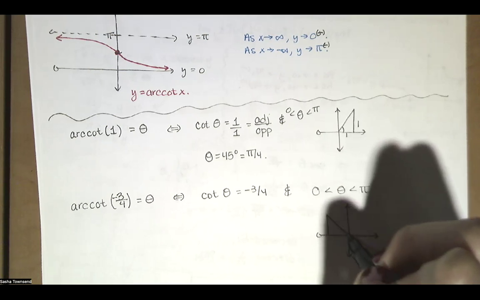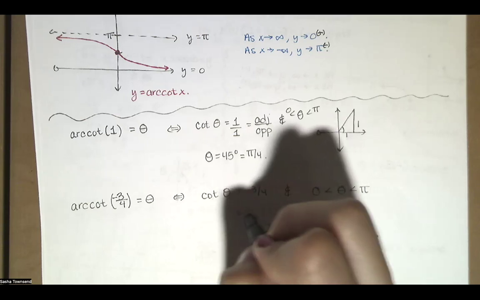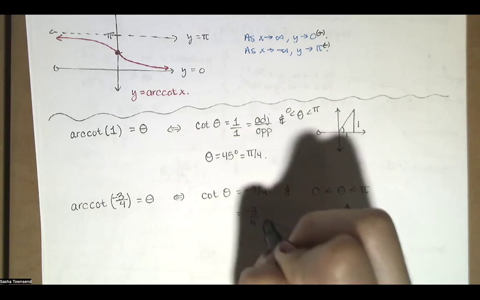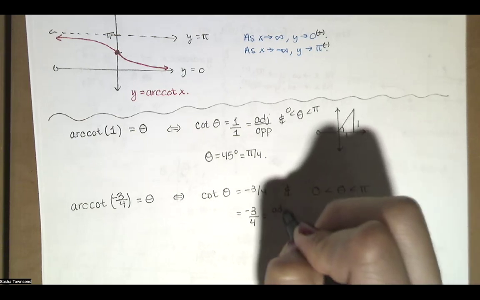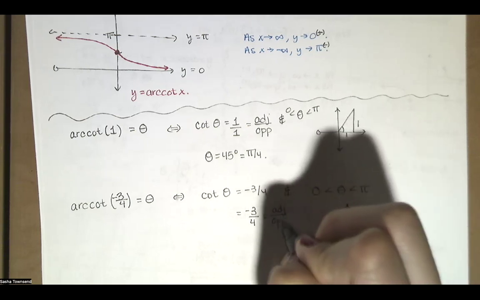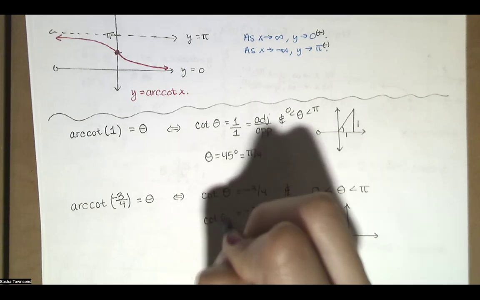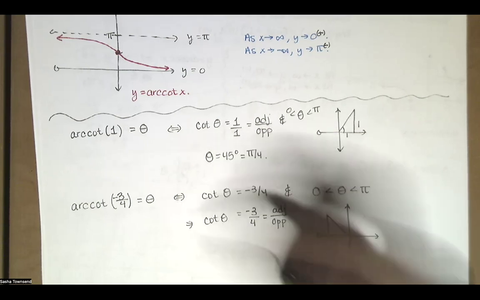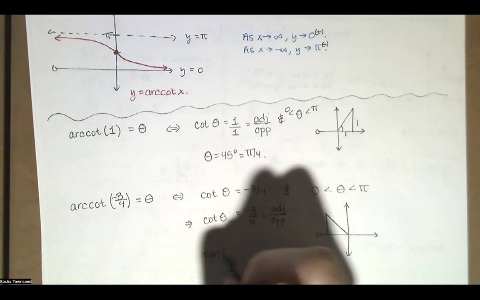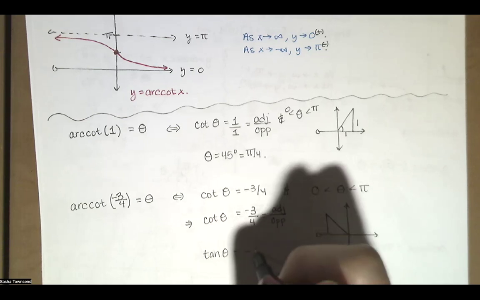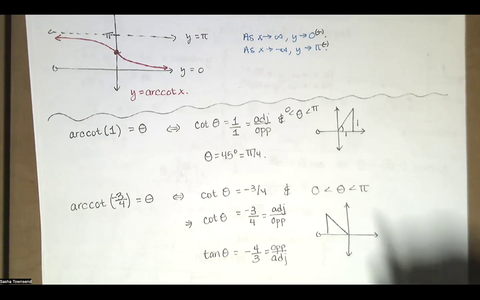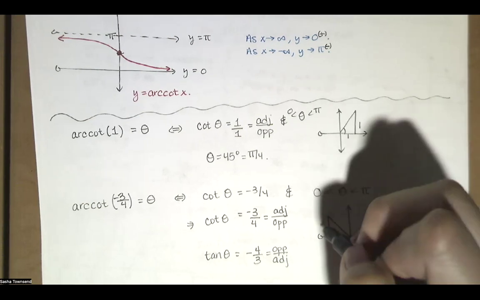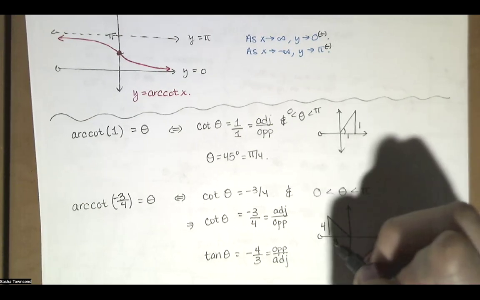Now, if I draw my reference triangle, excuse me, we know cotangent is adjacent over opposite. I still don't think that way. I still think in terms of tangent. Tangent is opposite over adjacent. So I'll take the reciprocal of both sides. So what this tells me is that when my opposite side is 4, my adjacent side is 3.